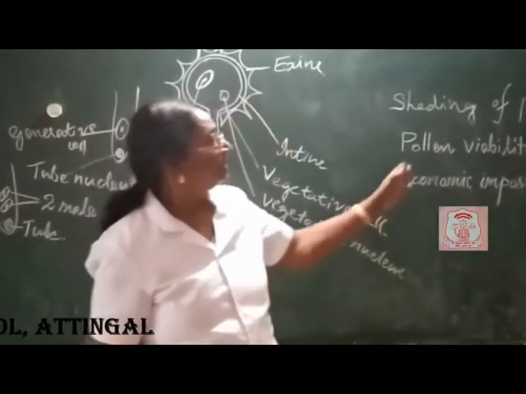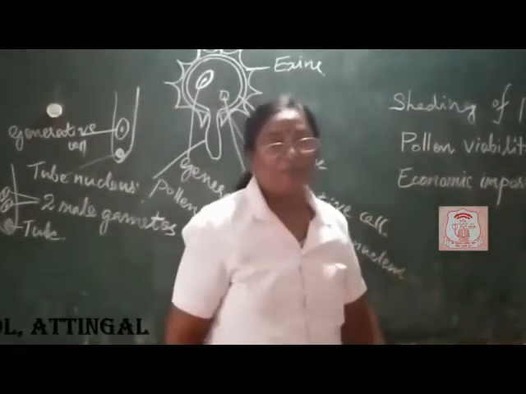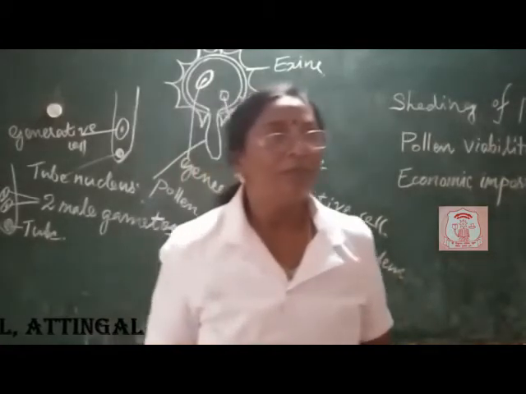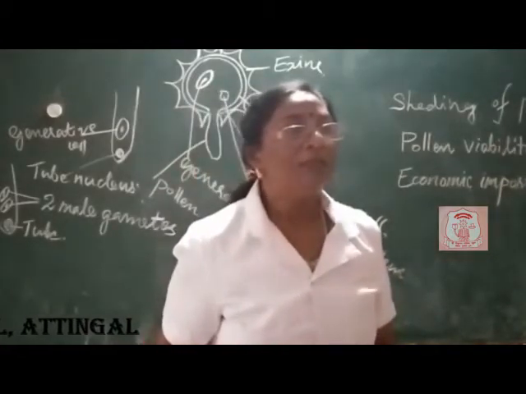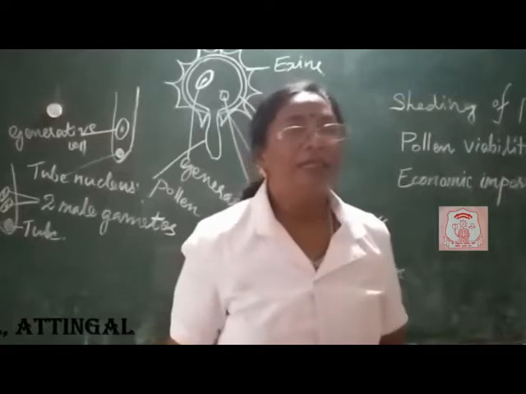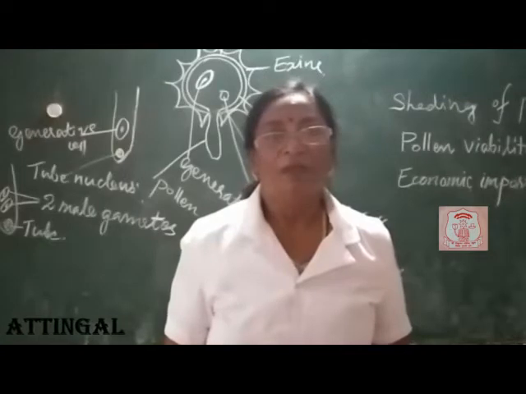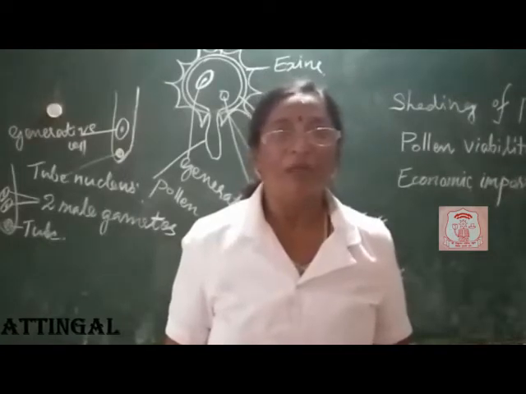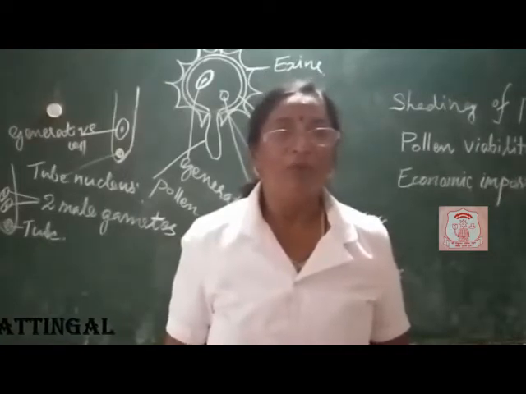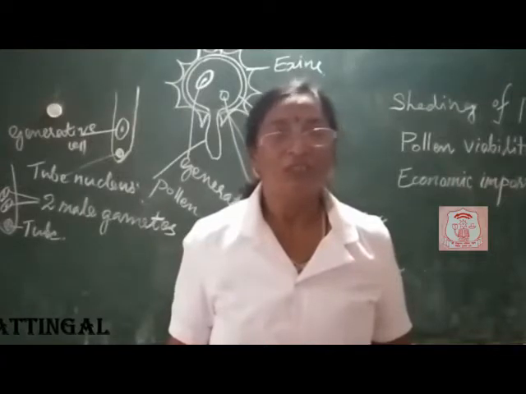And the last one is pollen viability. In certain plants like rice, wheat, etc., the pollen grains will remain viable only up to 30 minutes after their release.